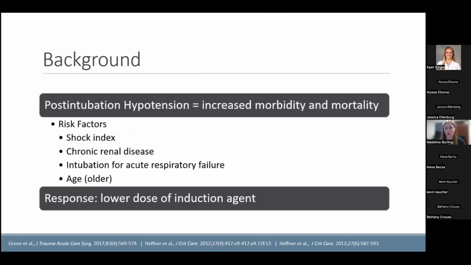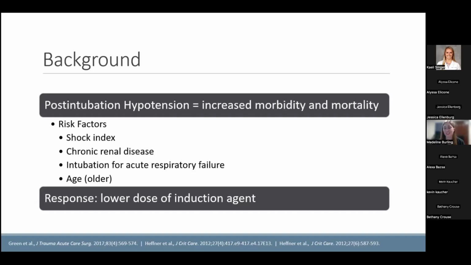It is widely known in multiple studies, listed there at the bottom, that post-intubation hypotension is associated with increased morbidity and mortality. This has been shown time and time again. There are a few articles that looked at specific risk factors. This includes shock index, which is defined as heart rate over systolic blood pressure, chronic renal disease, intubation for renal failure or respiratory failure specifically, and older age.